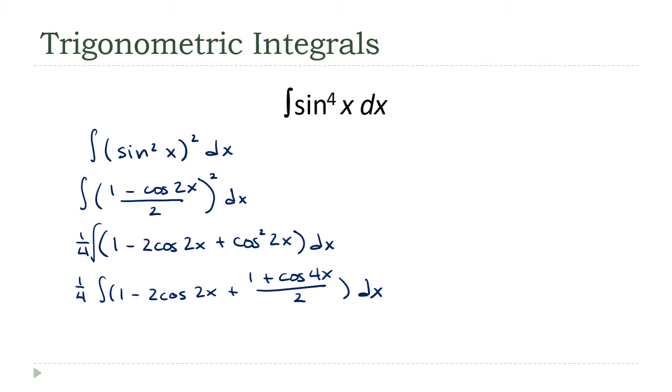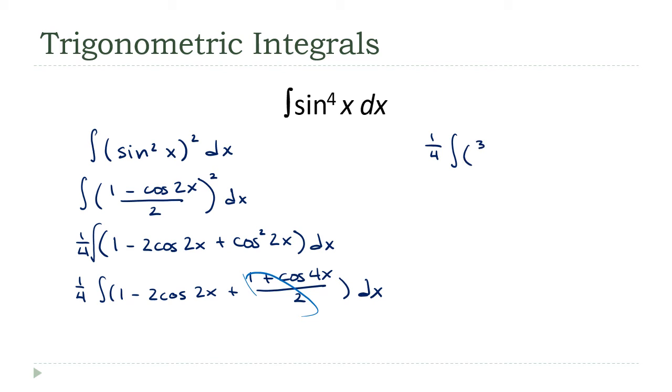And now I'm home free. Now I have it just in terms of cosines, and I can do that. So let's clean it up just a little bit more. 1/4 integral. I'm going to take this 1/2 here and add it to the 1.